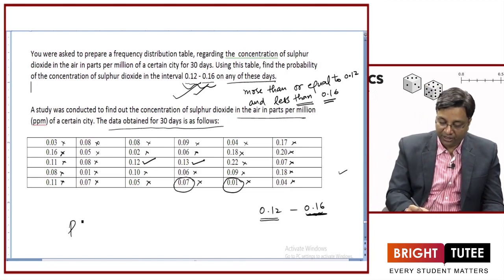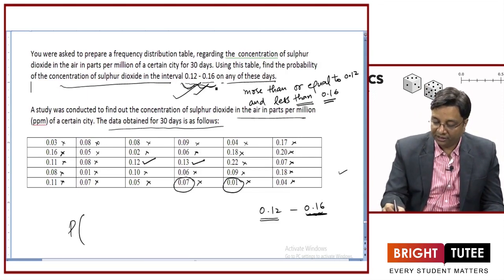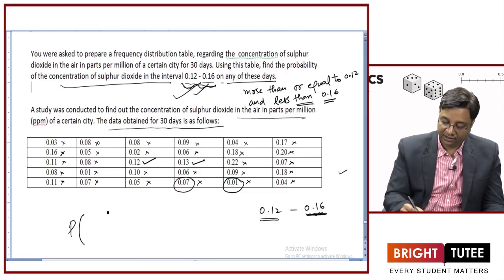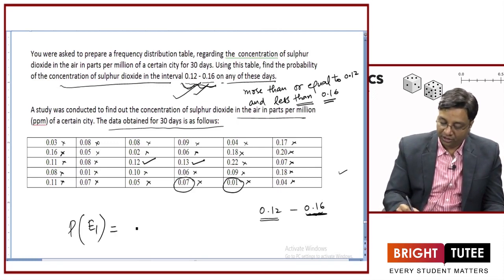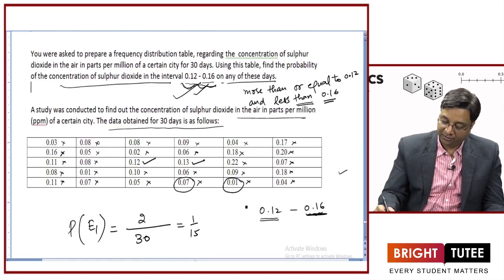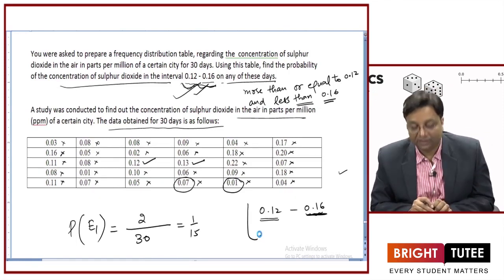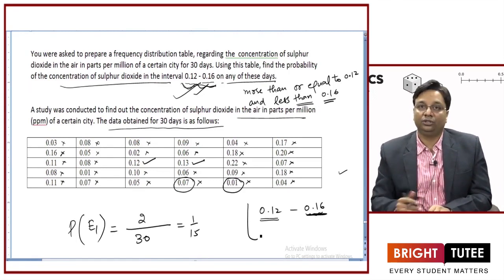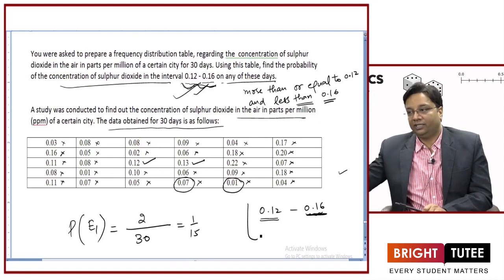Hence, let us say this is event 1. The probability of event 1 is equal to 2 times the event happened divided by the total number of observations, that is 30. So, 1 by 15 is the probability that the concentration of sulfur dioxide was within this interval 0.12 to 0.16 on any of these days out of the 30 days.